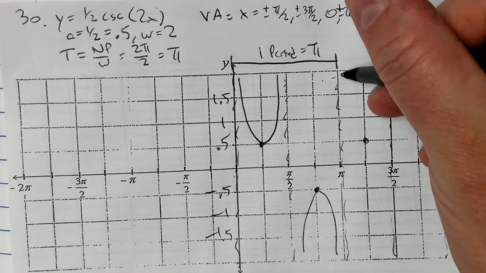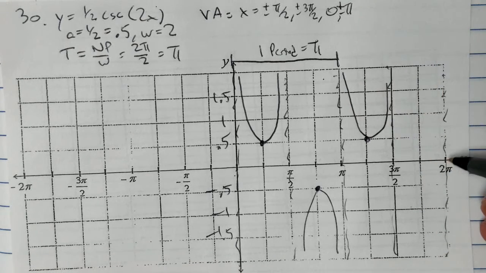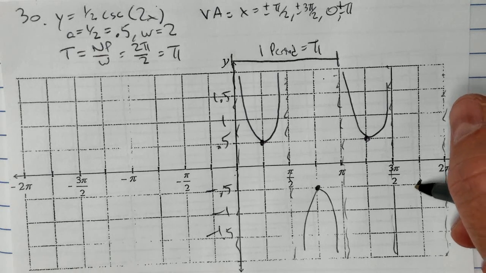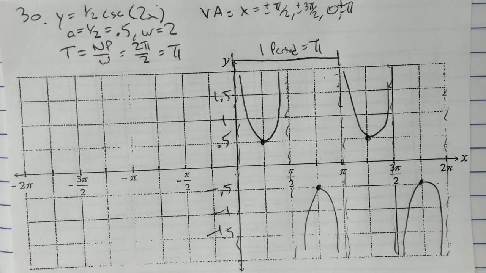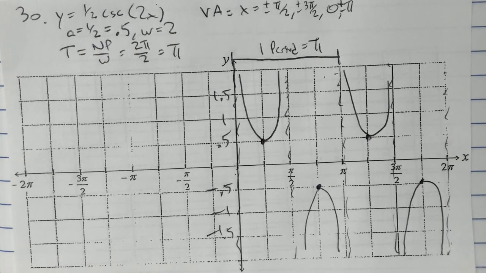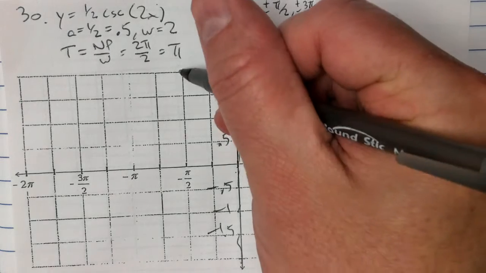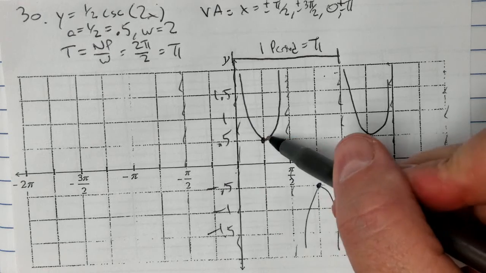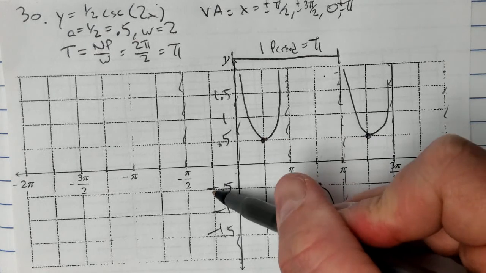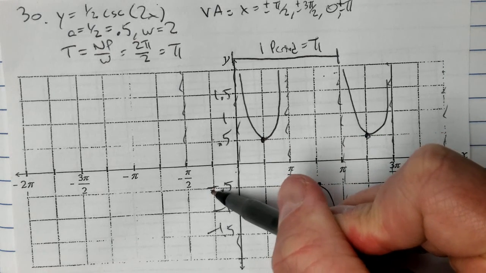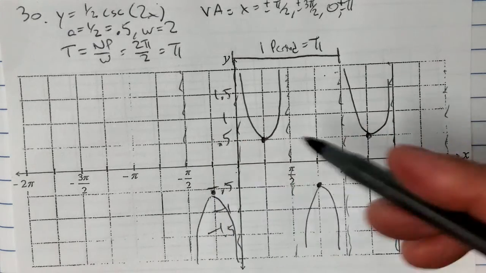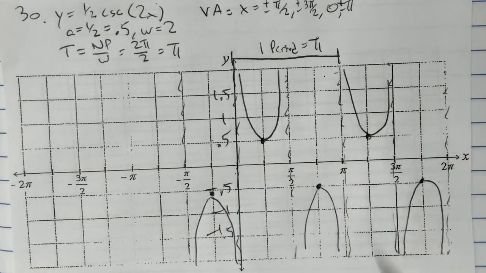Any questions? Then this one goes in the middle. It's down. And this one can't be up because this one was up, so it's down here. You just got to figure out your pattern. I didn't know which one.